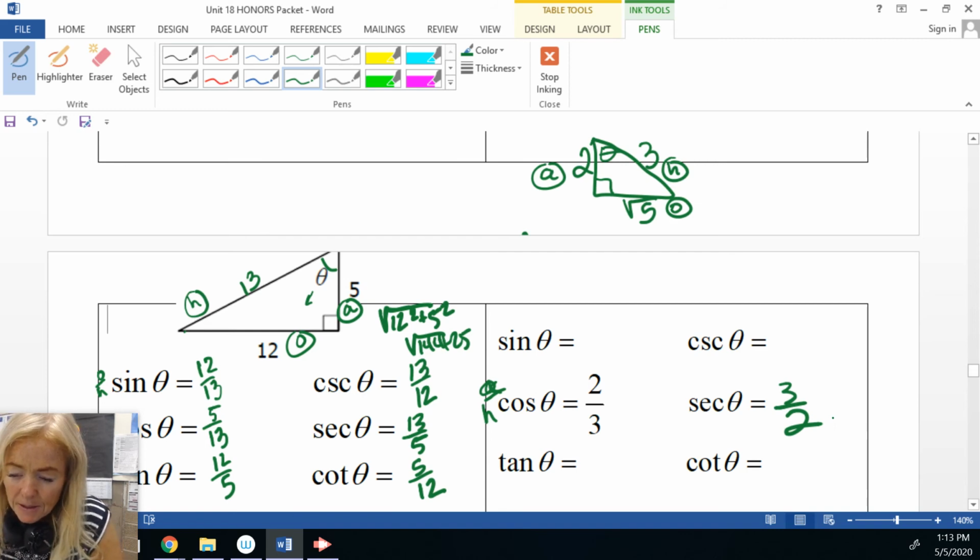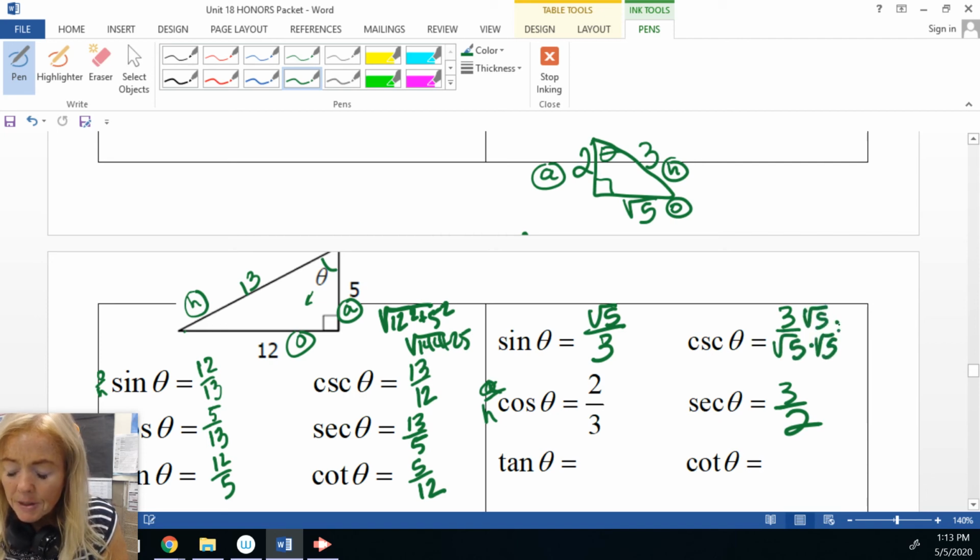Now, sine. Sine is opposite, which is radical 5, over hypotenuse, which is 3. And then the cosecant is the reciprocal, 3 over radical 5. And this is why I don't like getting radical 5 for a side, because eventually when I do a reciprocal or find any of the functions, I'm probably going to have to rationalize somewhere, which in this case I do.